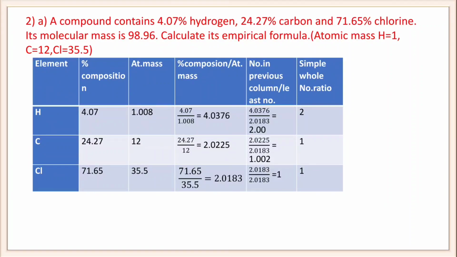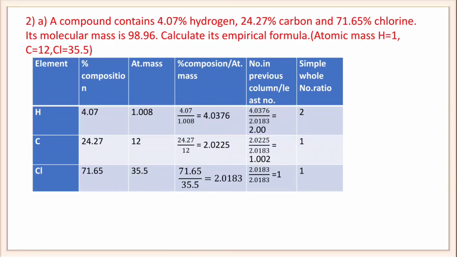How many elements are there? Hydrogen, carbon and chlorine. Hydrogen percentage is given as 4.07, carbon percentage is 24.27, and chlorine percentage is 71.65. We know hydrogen atomic weight is 1.008, carbon is 12, and chlorine is 35.5.